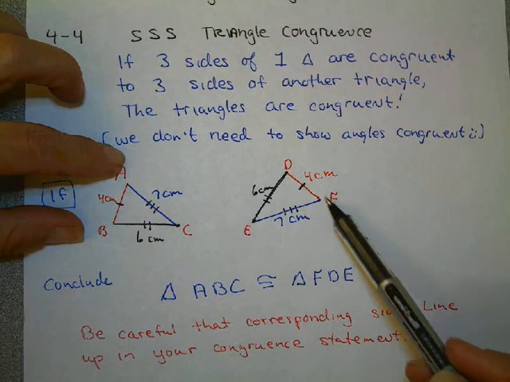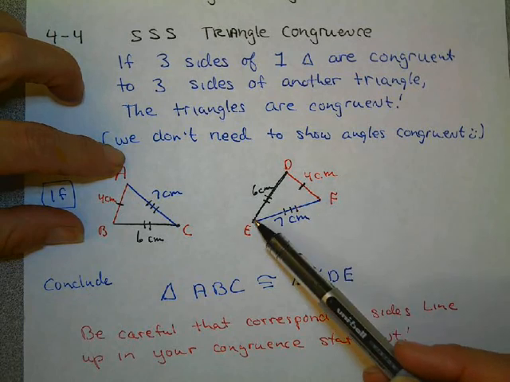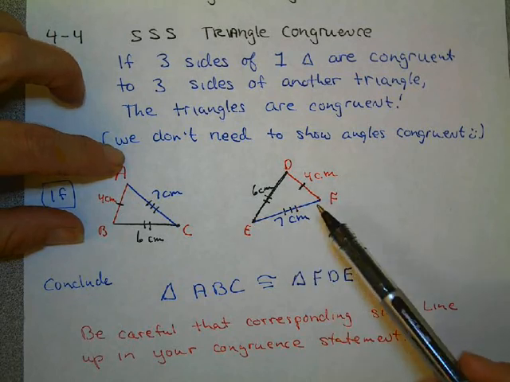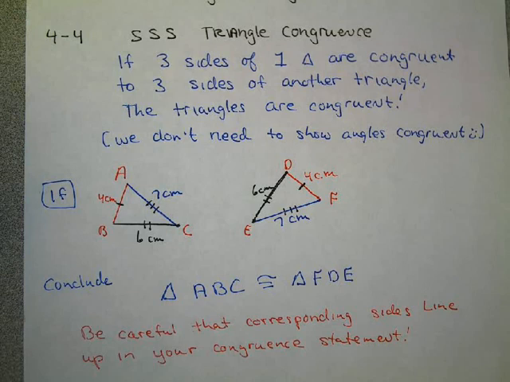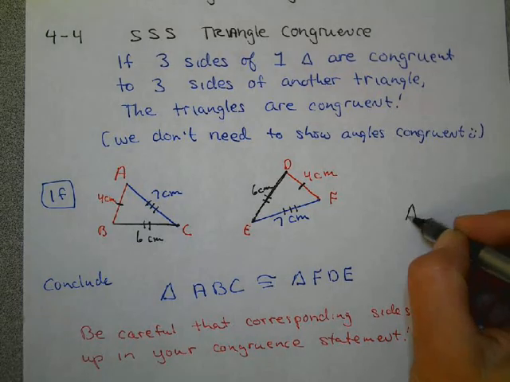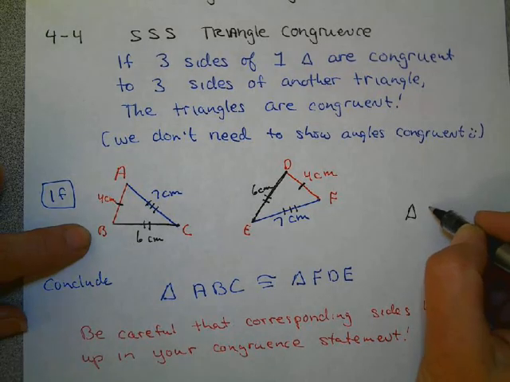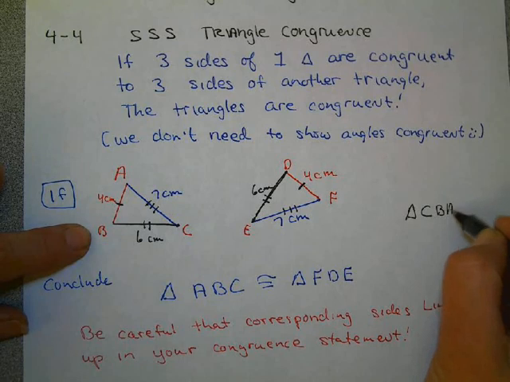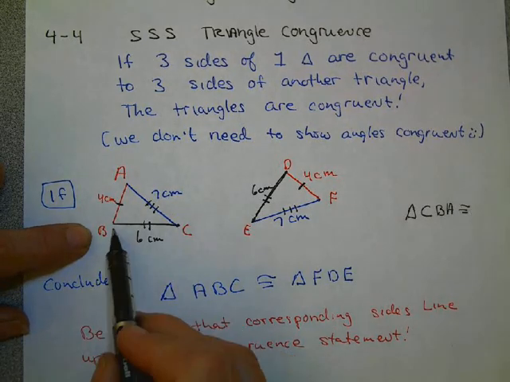Now you can start anywhere. There's lots of ways to name these corresponding congruent parts, but you have to make sure that they're in the right order. If I wanted to, maybe I wanted to call this triangle CBA. I could do that. But then I'd have to say, okay, C to B to A, up the 6 centimeter side and over the 4. And I'd have to say up the 6 centimeter side and over the 4.